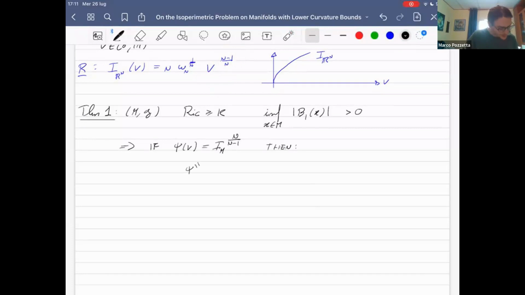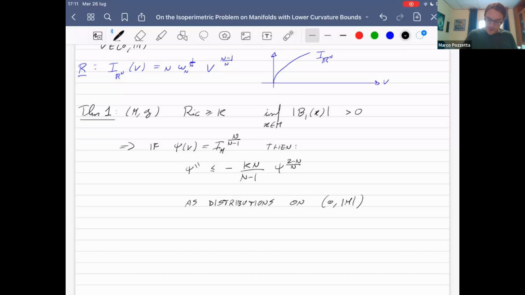Psi second derivative is less than or equal to minus kn over n minus 1 psi to the power 2 minus n over n, in the sense, if you want, of distributions on the interval 0 to volume of M.